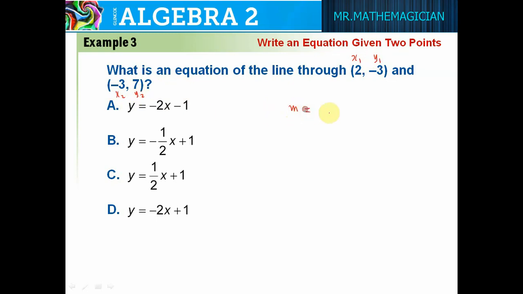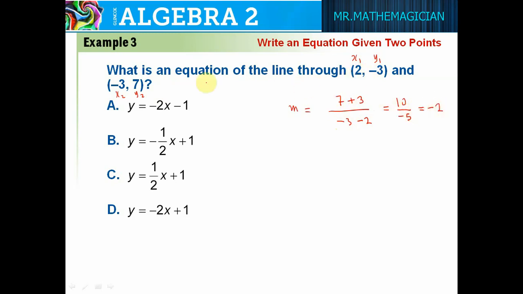So m equals y2 minus y1, which will be 7 plus 3, over x2 minus x1, so negative 3 minus 2. This will be 10 over negative 5, meaning negative 2.